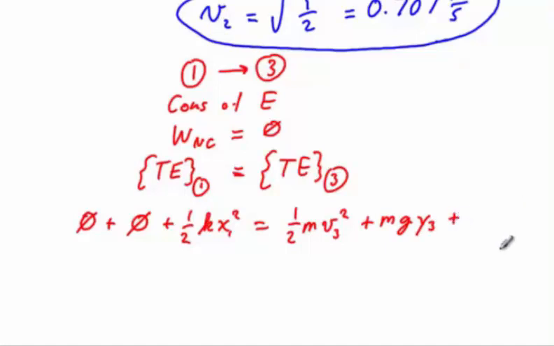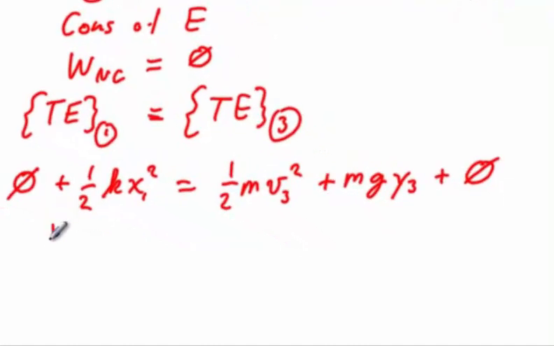plus spring potential energy. Well, not at moment 3. We're now too far from the spring. So this equation indeed has only one unknown. The only unknown in this equation is V3, and we can fill in the rest of the numbers. 1/2, 100 for the spring constant, 0.1 for x at moment 1, equals 1/2.